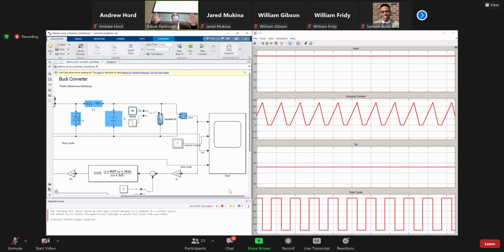Sometimes we actually use a variable switching frequency to adjust so that it reaches zero and then you switch. And we call that zero current or zero voltage switching. This kind of switching in power electronics is called soft switching versus hard switching.